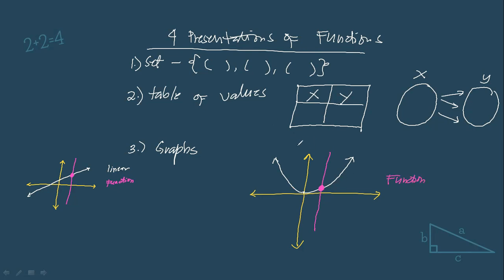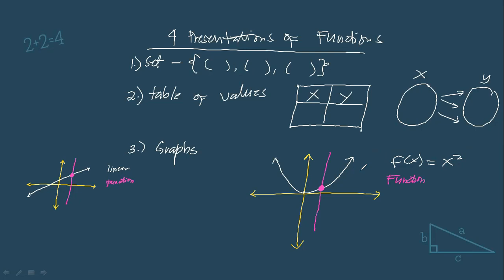And parabola po is a graph for all quadratic functions. So ang quadratic function po natin, malalaman natin quadratic siya kapag yung highest exponent po ng equation natin is 2. So for example, we have f of x is equal to x squared. So ang pinakamataas po nating exponent is 2. So that is a parabola.